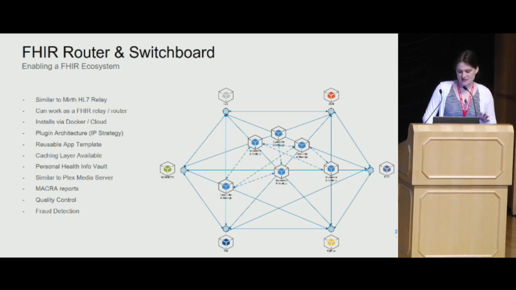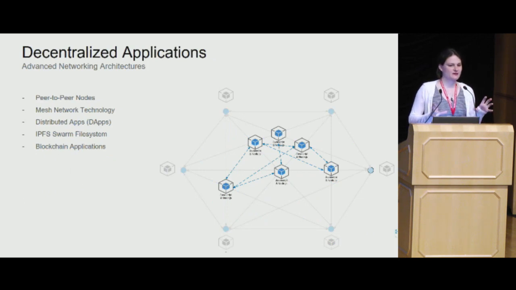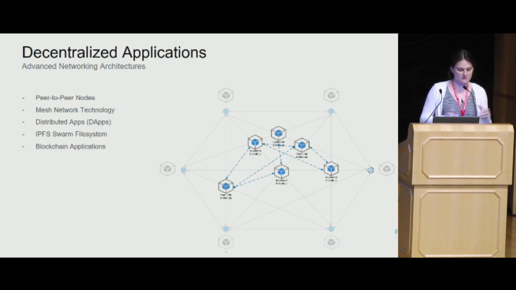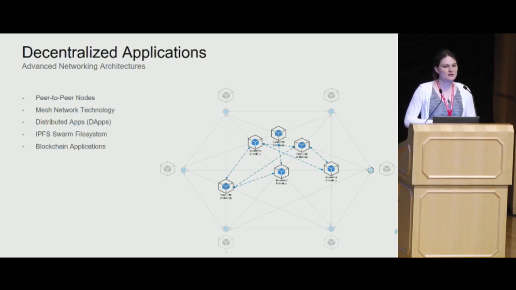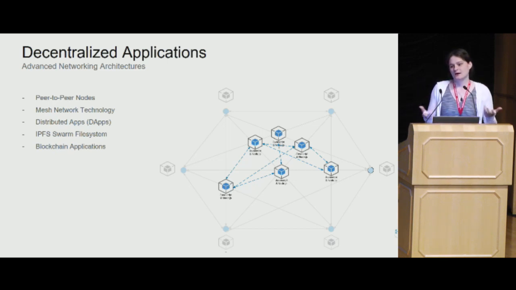And once you get this technology in place, you can start doing advanced networking architectures like peer-to-peer networks, mesh networks, and distributed apps, which we see the web application framework, which we forked, is understood in many environments as a distributed app or a DApp, which gets into the blockchain talking points.